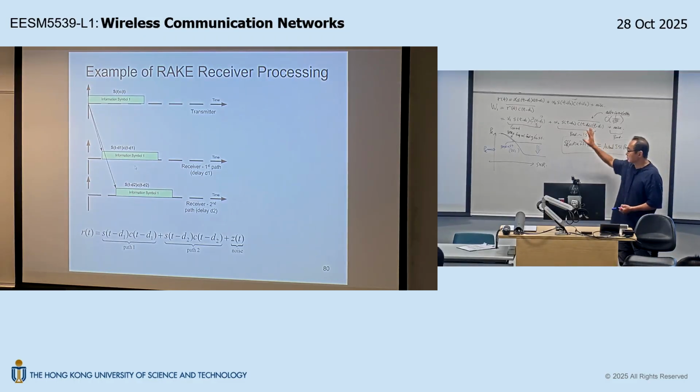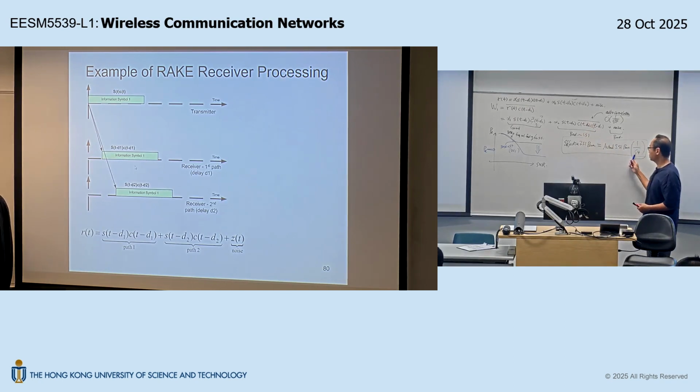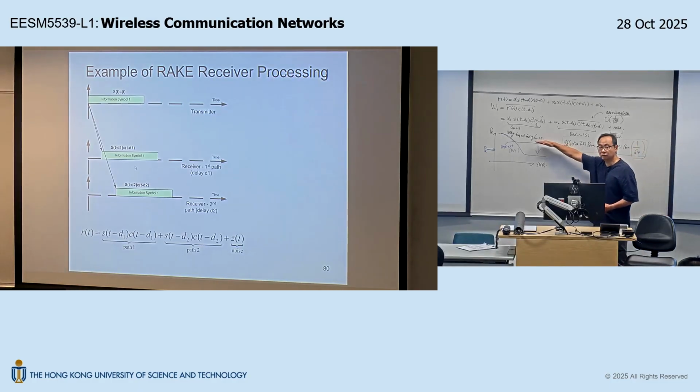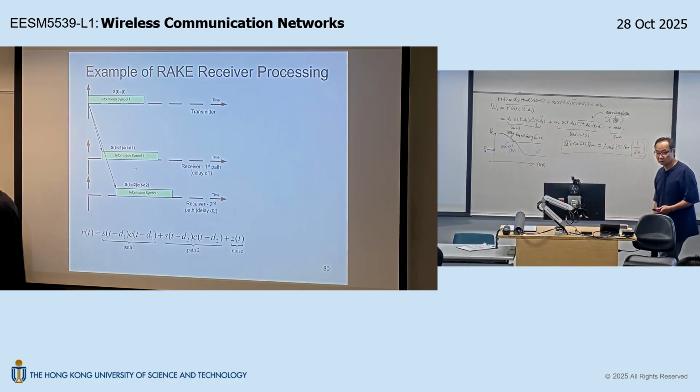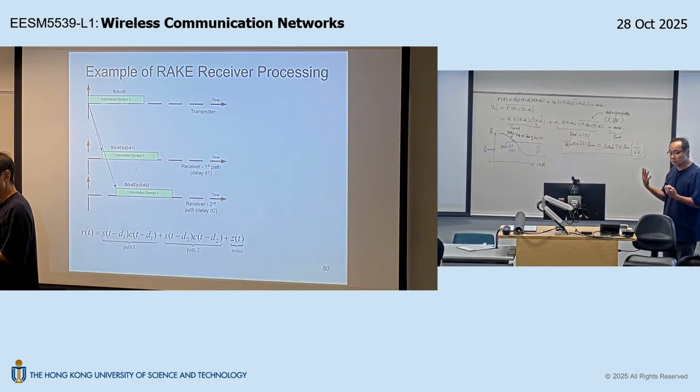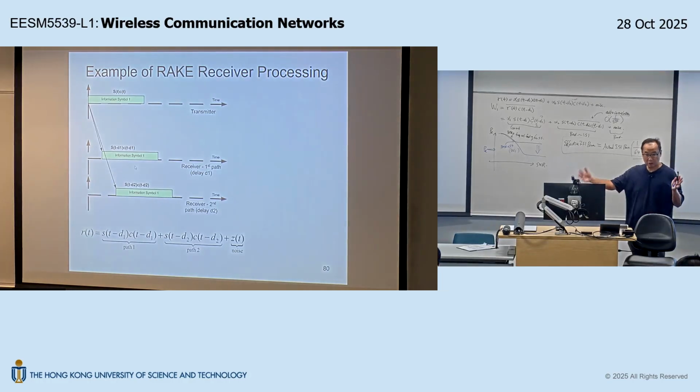By spreading and despreading, you are entitled to this discount factor given by the spreading factor. If this is not enough, if we need to push the error floor lower, then that means you need to use a larger spreading factor. Okay? But then this is not free. Using a larger spreading factor means you need a higher bandwidth expansion. So again, fair trade-off.